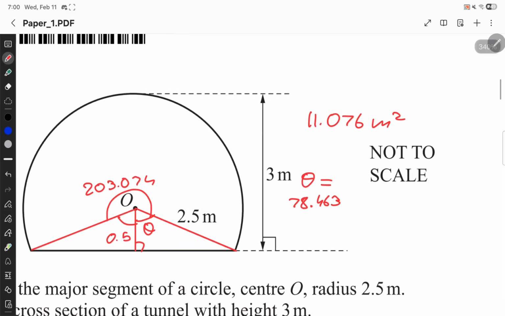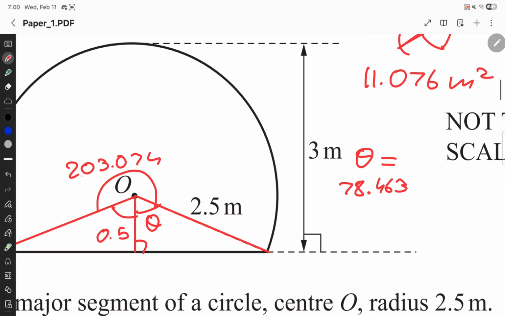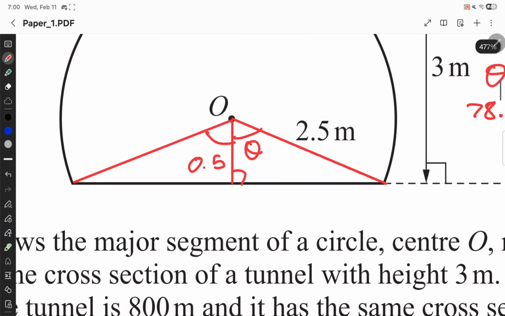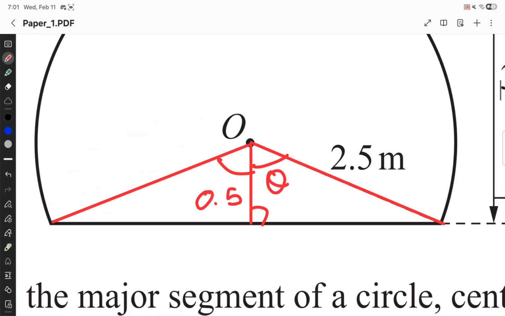0.75. Okay, as a reminder, I will have this as the arc. Now let's move on to the 2 little triangles. For this we can find it out by 2 methods, either by the cosine or sine formula.